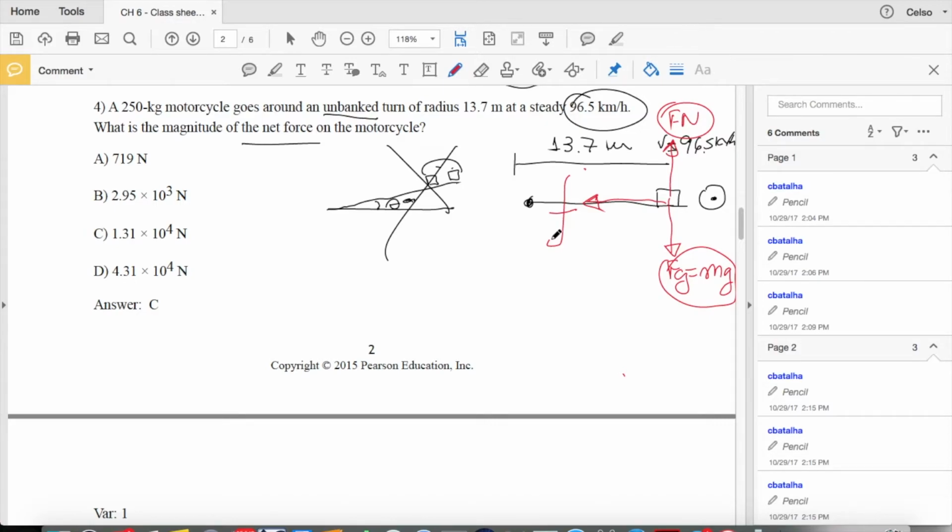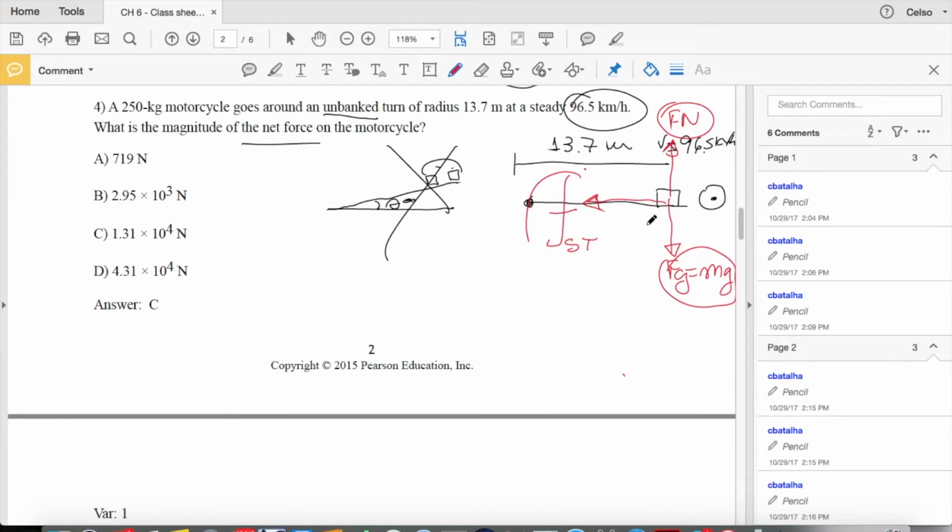It tilts a little bit. And so the friction, which is static, if you don't understand why static, please email me or talk to me tomorrow. This friction is static because the tire is not skidding. It's not making a funny noise when it does the curve. This static friction is the only horizontal force acting on the motorcycle.